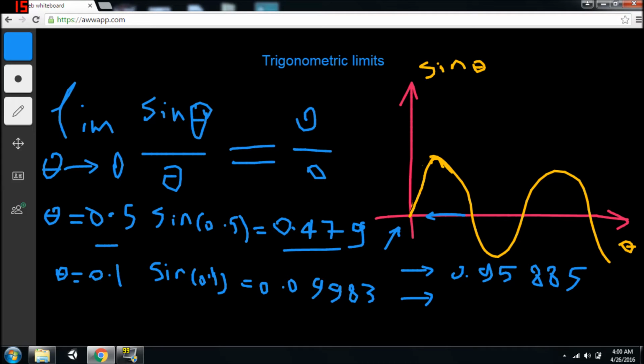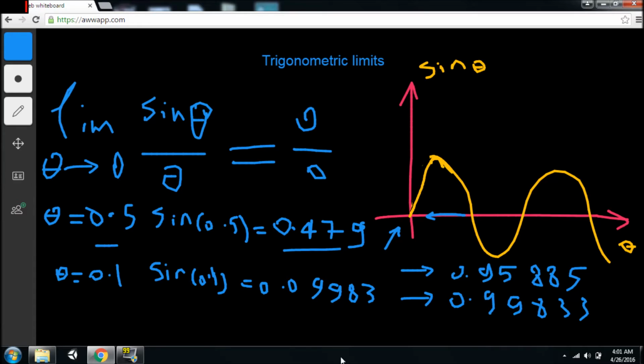When we divide sine 0.1 over 0.1, it's going to be equal to 0.99833. So as you can see, we are actually getting close to the value of 1.